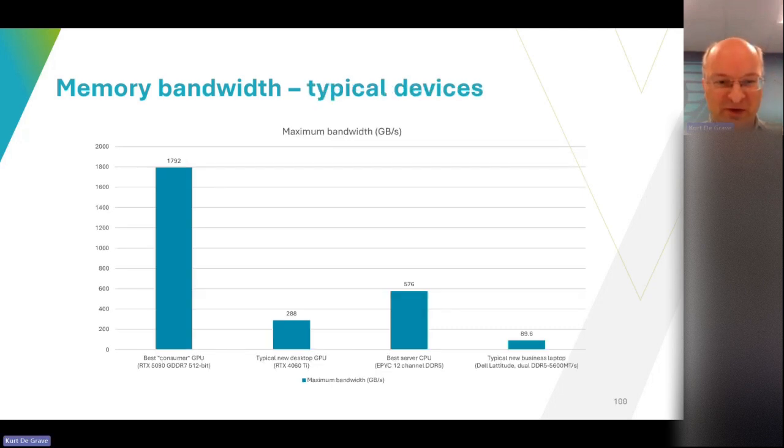But how about typical systems? Here, the best GPU for consumers is again listed, the 5090 that's just released, and the best server CPU, the Epyc, and next to them here I plot what is more a typical computer, right? So if you go to Dell in your country and you buy a Latitude, what do you get then?